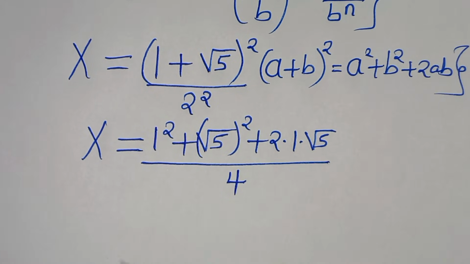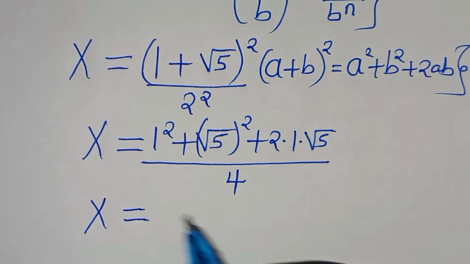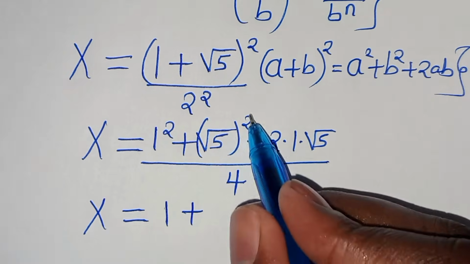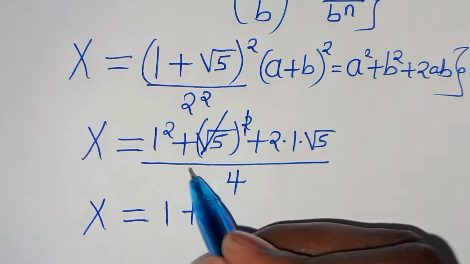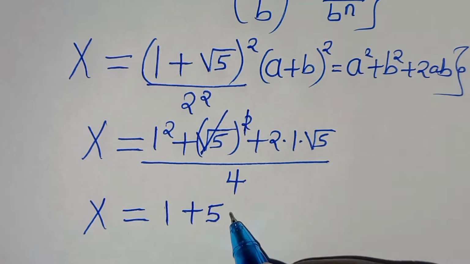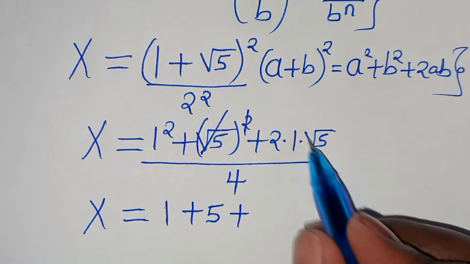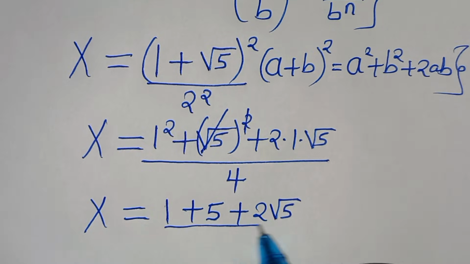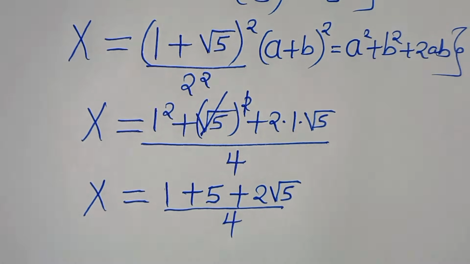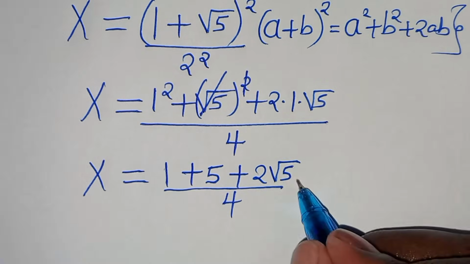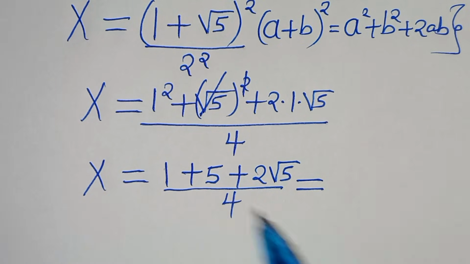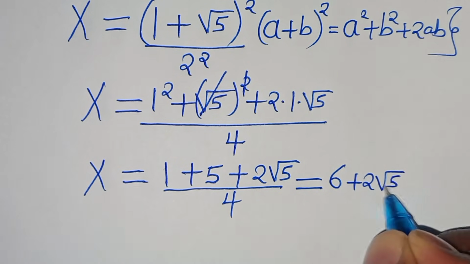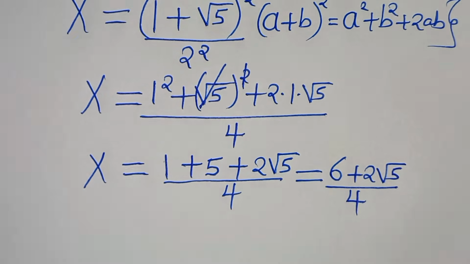So x is equal to 1 squared, this is 1, plus square root of 5 to the power of 2, we eliminate the square root sign, so plus 5, then plus 2 times 1 times root 5, this is 2 root 5, divided by 4. So we have 1 plus 5, this is 6, plus 2 root 5, divided by 4.